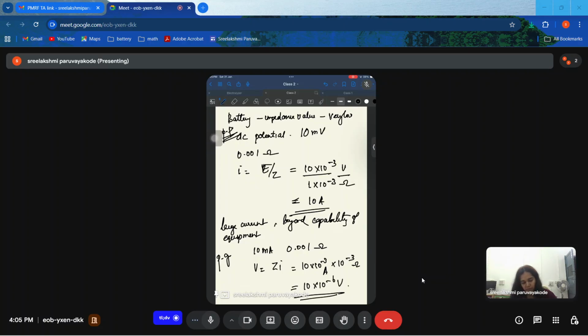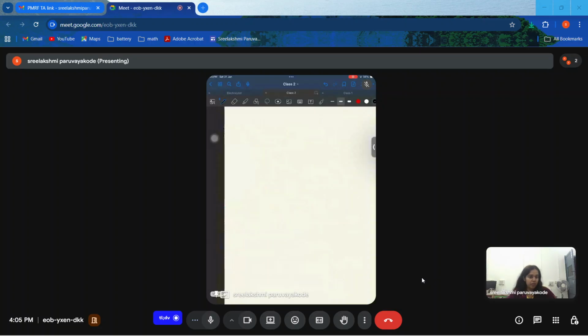The value is very small. This can be accurately measured by the instrument. So this is why, for any energy devices, we have to go for pseudo galvanostatic mode instead of pseudo potentiostatic mode. I hope it is clear, right?